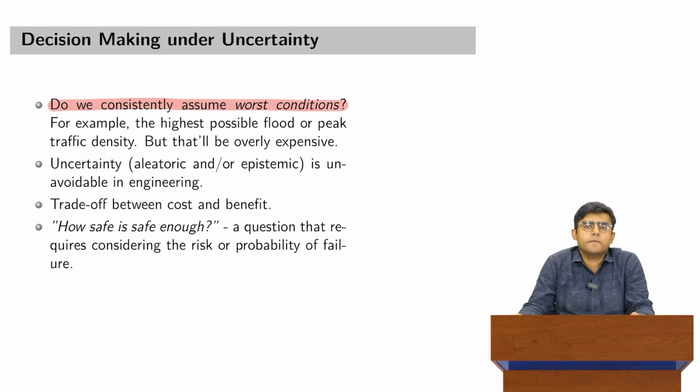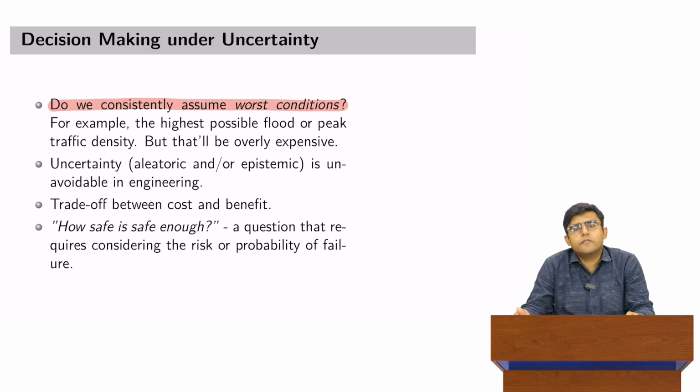One example in flood would be, should we consider that the entire area around a river would be submerged if a flooding event happens, and hence we adapt for that, but that is going to be a very costly exercise. Then, as I already mentioned, there are going to be aleatoric versus epistemic uncertainty that we are always going to deal with.